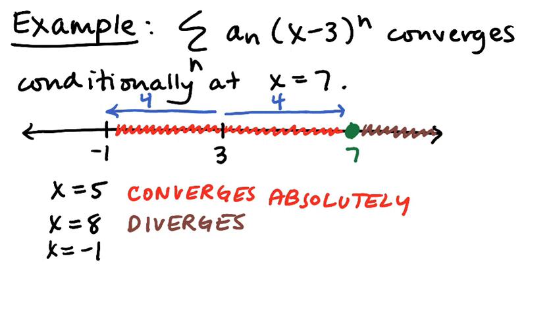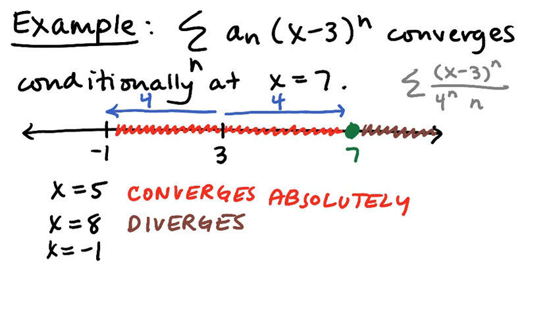It could be that, this is a really simple series, I hope this goes well because I'm recording, but sum of (x minus 3) to the n over, I think it would need to be 4 to the n and n, or something. This might not work.